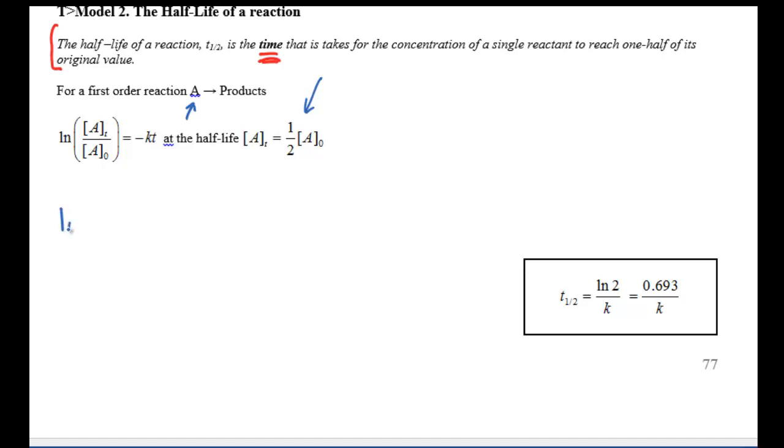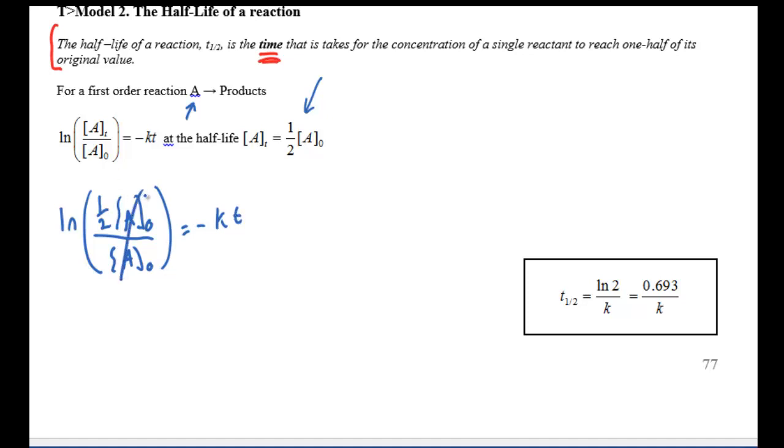So what I'll do is take my integrated rate law and substitute in what would be the concentration of A at 1/2 of the original concentration. Putting this in here, the concentration of A at a particular time is now going to be 1/2 the original concentration, all divided by the original concentration, equal to negative kt.